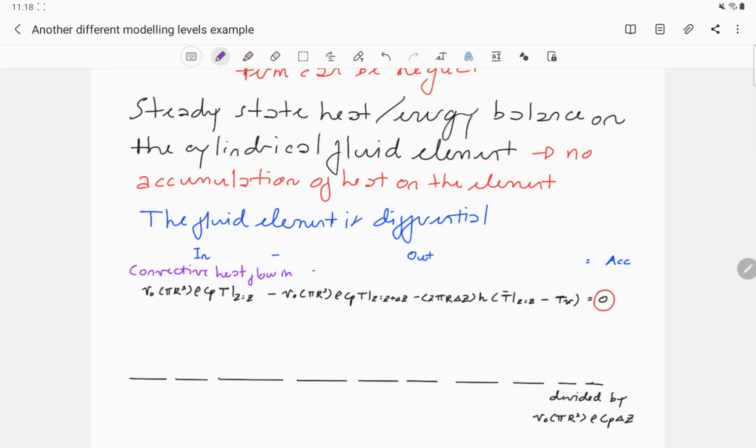The second term is the convective heat flow out. So these are the convective heat flow in, these are the convective heat flow out. And then the third one is basically the heat loss through the wall.